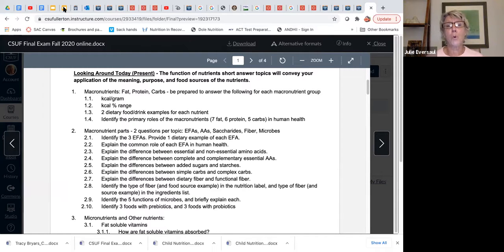2.2, the common role of each. I think I might take that one out. I know what I was trying to say, meaning basically heart health versus promoting disease, but I just don't like that question. So 2.2, I will probably delete. I just have to remember. Hold on a quick second.